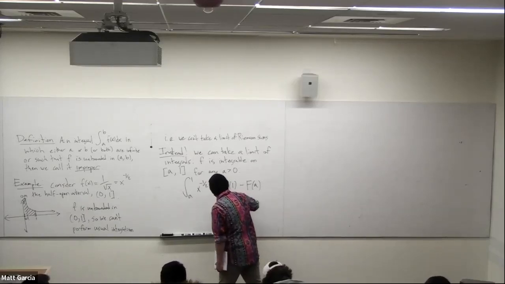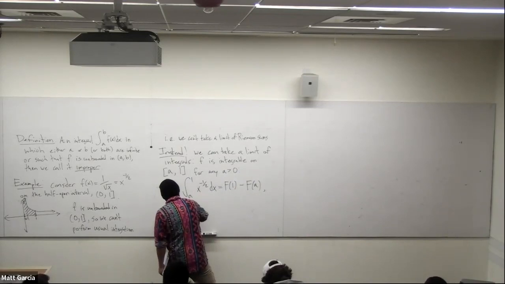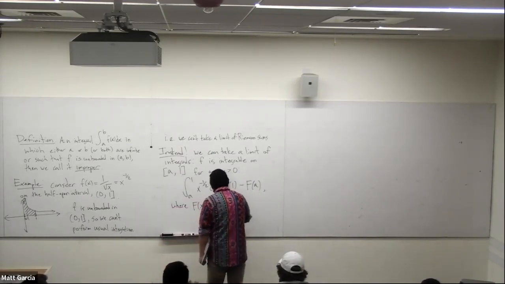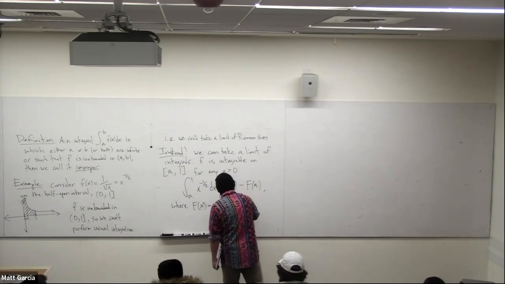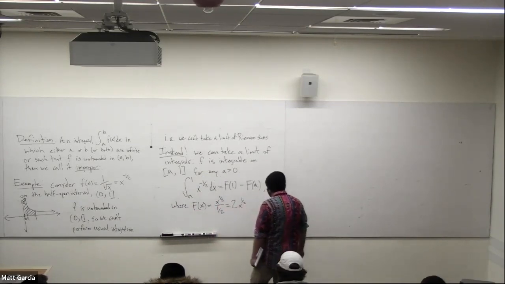Okay, so this is maybe I should write this. Where f of x equals x to the 1/2 divided by 1/2, or 2x to the 1/2, right?